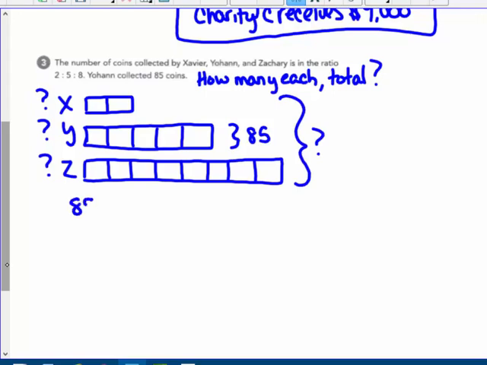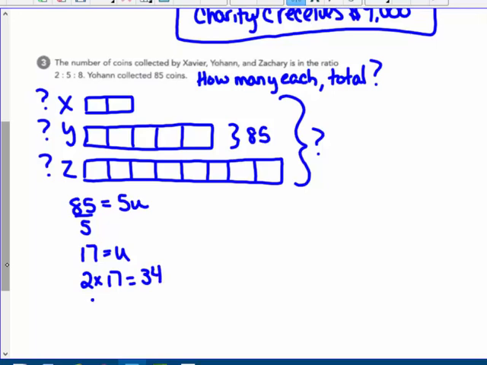Johann is where I start. His 85 is that 5 units that he represents. So dividing by 5, I get that 17 is a unit. So 2 times 17 would give me Xavier. That's 34.